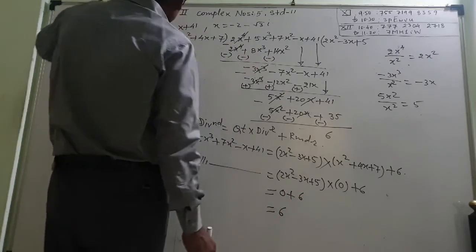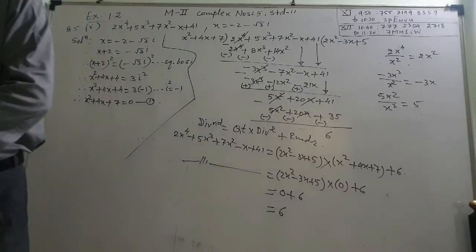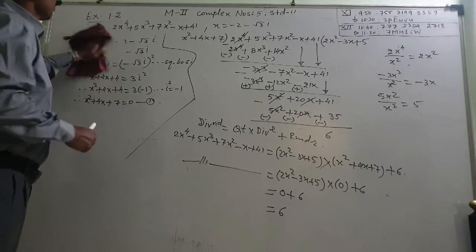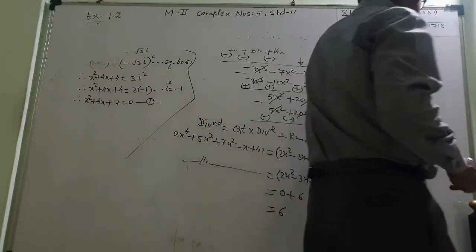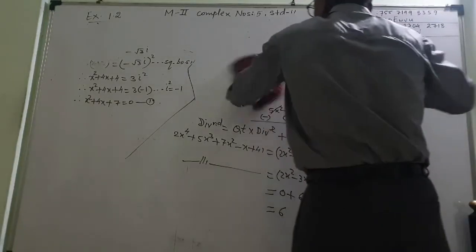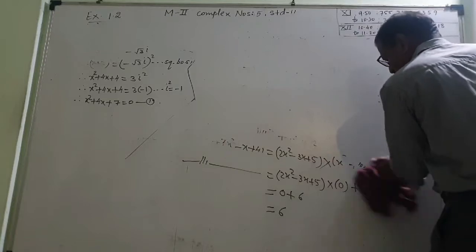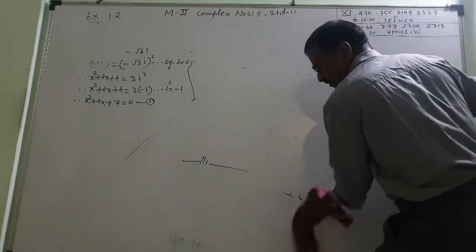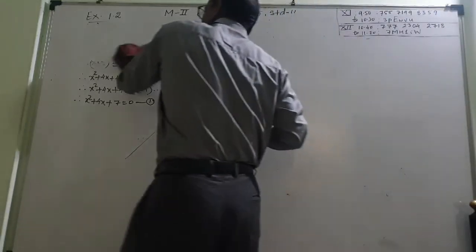The value of this whole is 6. So hope that now you are clear. I think I will move to the next question, whichever is the important question. This was a very important question. In many colleges it is always asked for 4 marks. This is a 4-mark question.